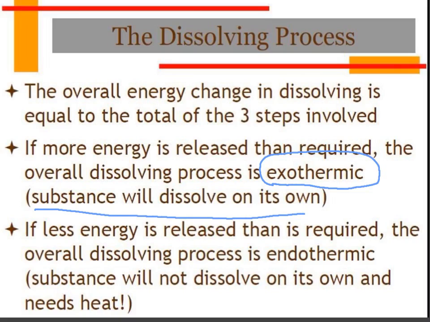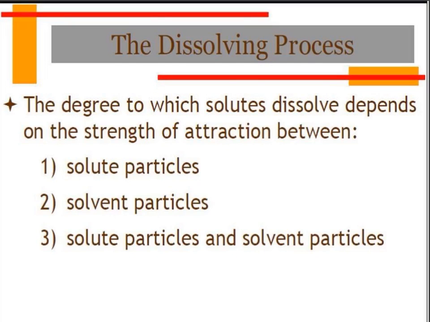If more energy is required than is released, the overall dissolving process, on the other hand, is an endothermic reaction, which means this is where the absorption of heat energy occurs. When energy is absorbed in the process, the substance will not dissolve on its own and it needs heat. That is why it requires the absorption of heat.